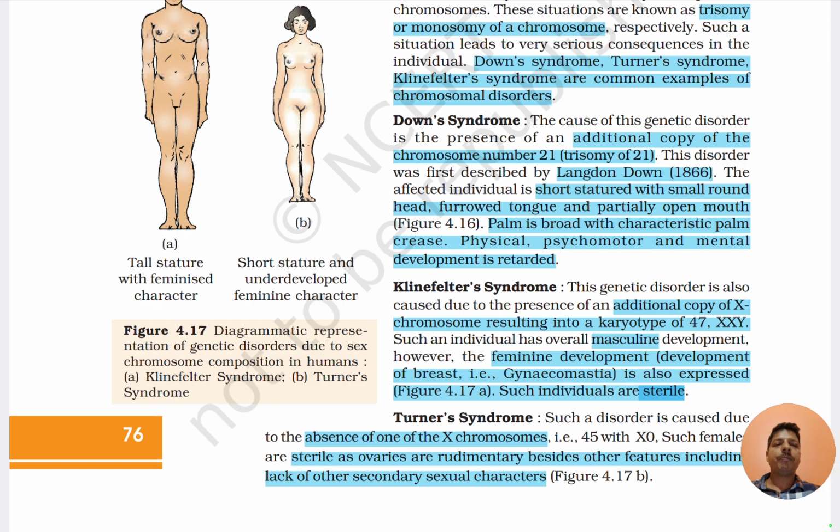Coming to Down syndrome, an additional copy of chromosome number 21, that is trisomy of 21, causes Down syndrome. This was first described by Langdon Down in 1866. Remember, features are short stature, small round head, furrowed tongue, partially open mouth, broad palm, palm crease. Physical, psychomotor and mental development is retarded.